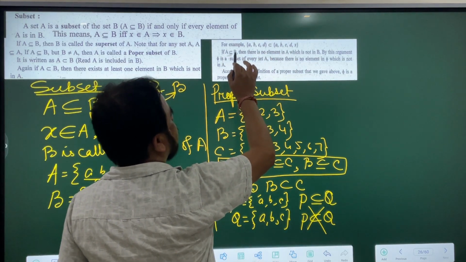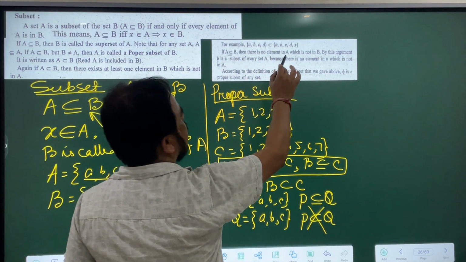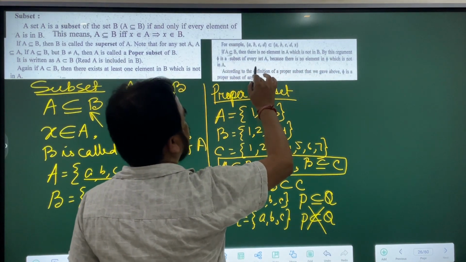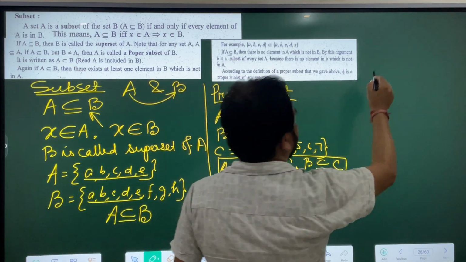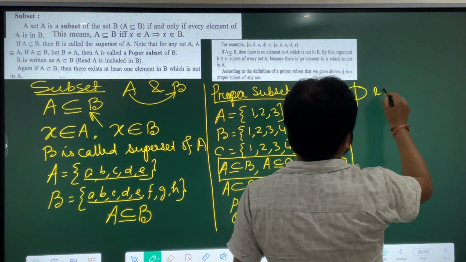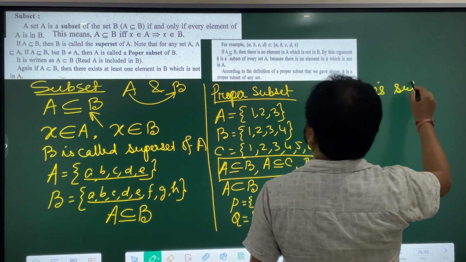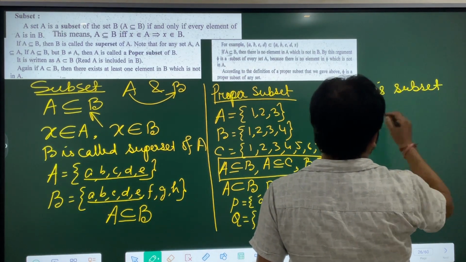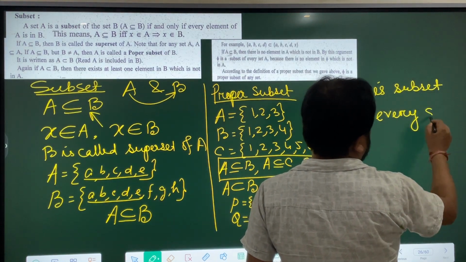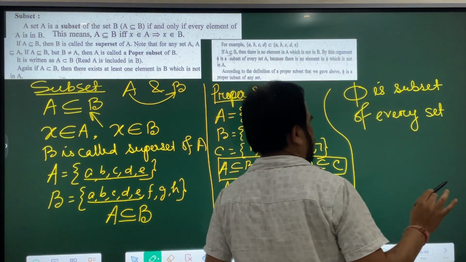If A is a subset of B, then there is no element in A which is not in B. By this argument, phi is a subset of every set A. So this is very, very important for you. Phi is subset of every set, whatever set.